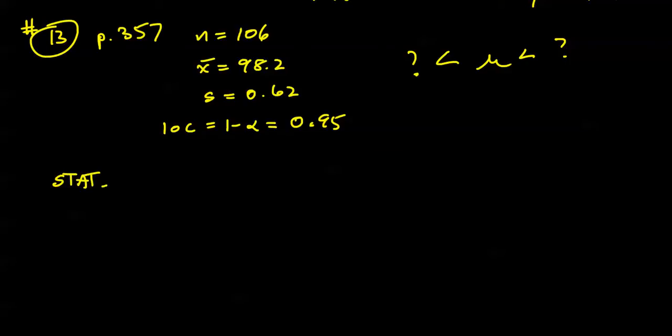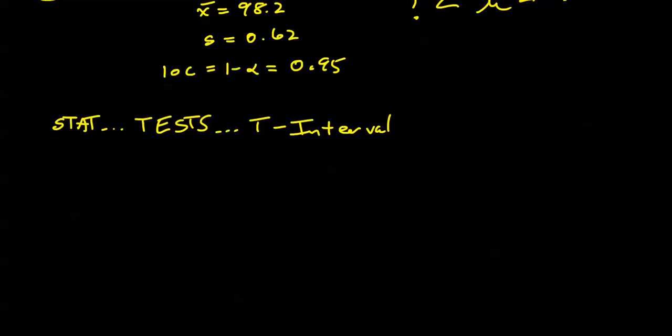Again, we'll go to the t-interval command. Hit Stat, then Tests. Then scroll down and hit t-interval because we're going to be using a t-distribution to generate this interval. Our input mode: of course, I'm not entering in raw data, I'm entering in summary statistics, so highlight and select statistics for the input mode.